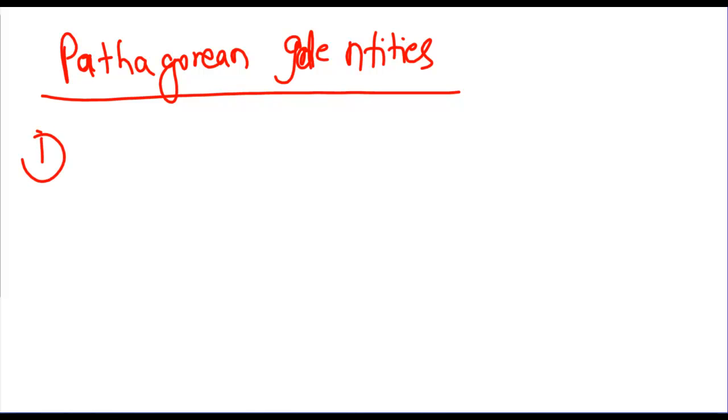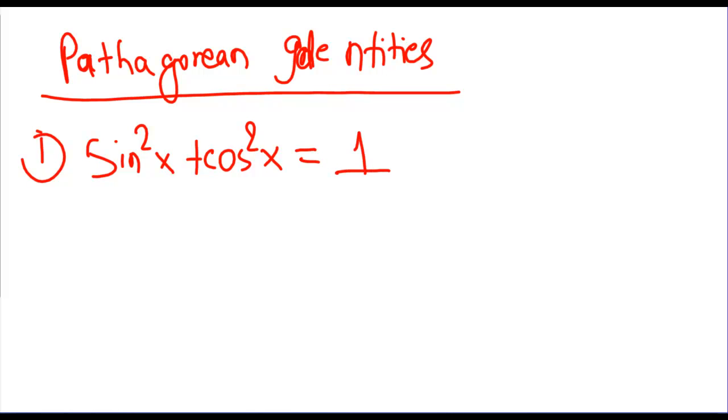First one is sine square of any angle x plus cosine square of any angle x is equal to 1. Now from this we could derive a couple different identities. I can solve for sine here. I can subtract the cosine square on both sides.